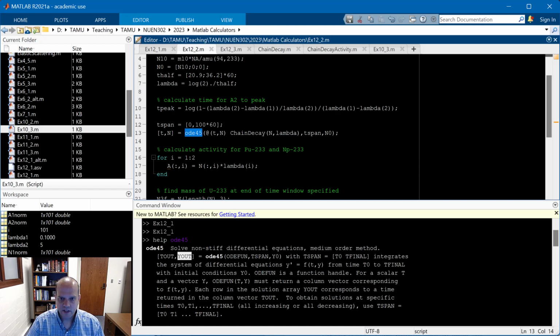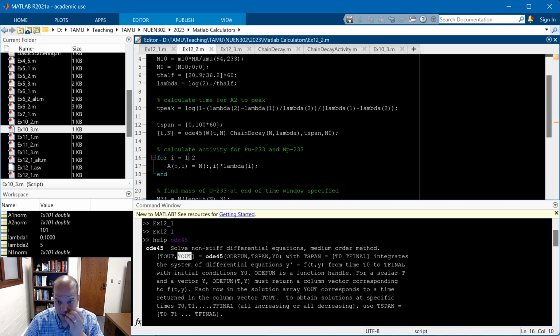And then I want to calculate the activity. Now this is going to give me a matrix that is however many rows long that my time becomes, which is something the function is just going to choose on its own. But then my second output is going to be that many elements in the rows, and in this case 3 columns because I have 3 different n values, n1, n2, and n3.